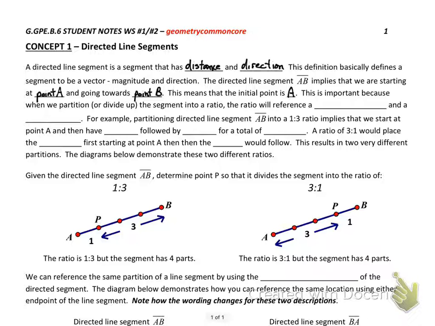Notice below these diagrams, you can see that the line is being partitioned. So the whole idea about what we're doing now is we're going to be partitioning line segments. And when we do this, the ratio that we partition by will reference a starting point and a direction.